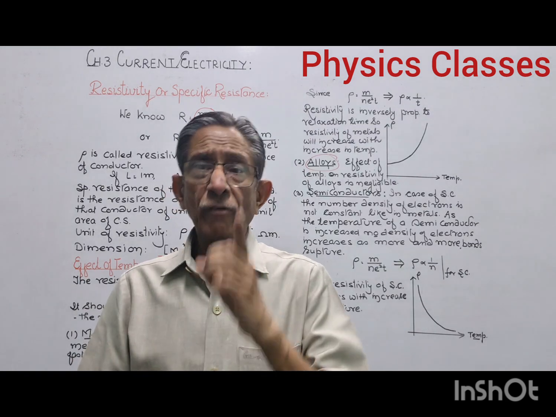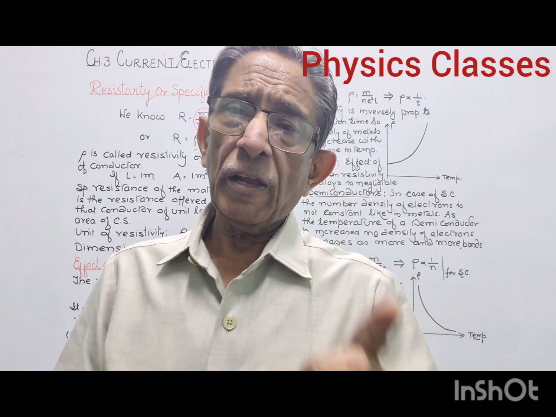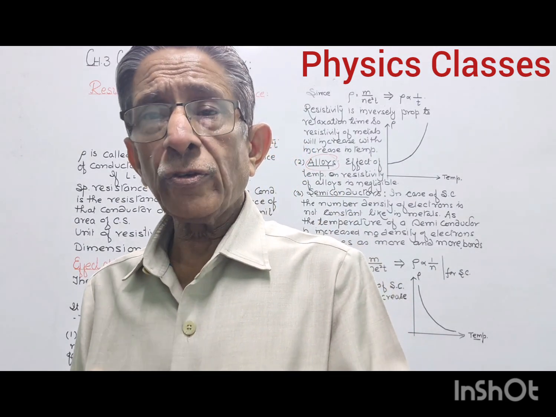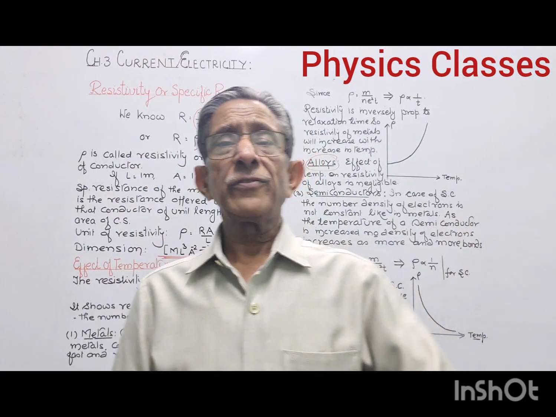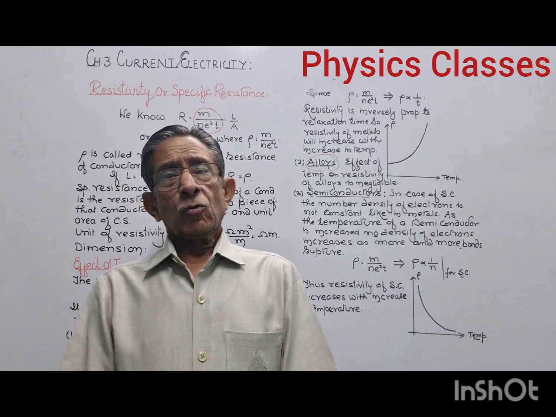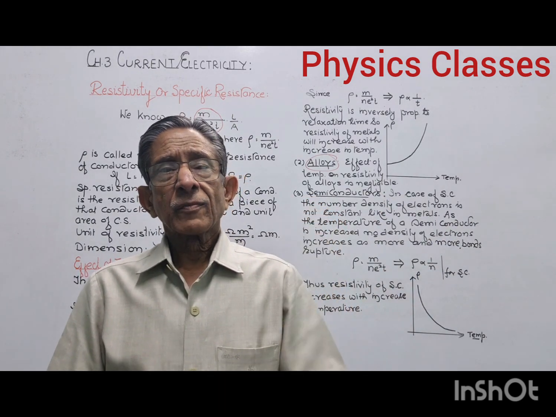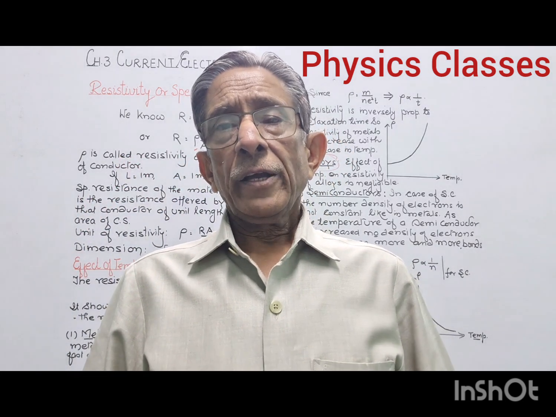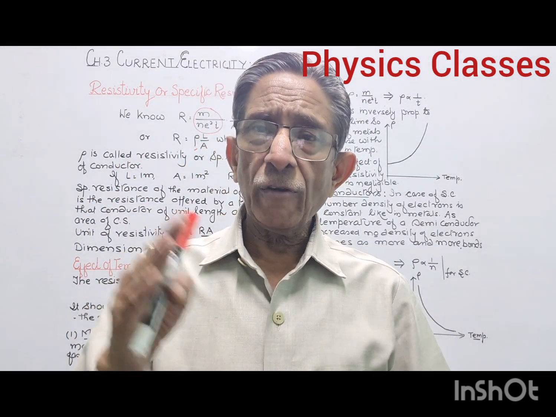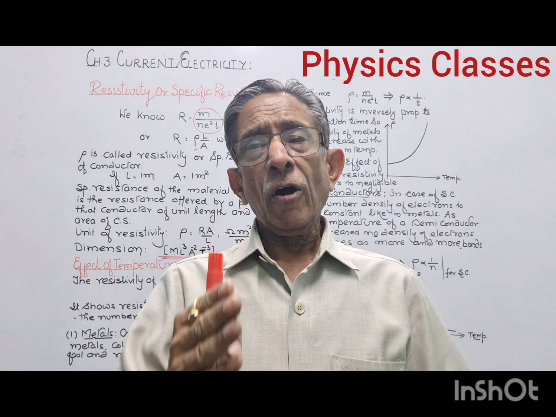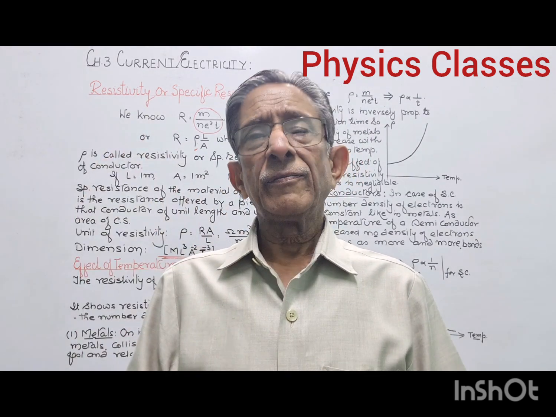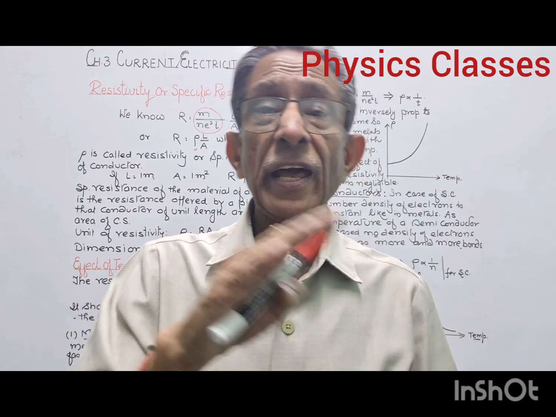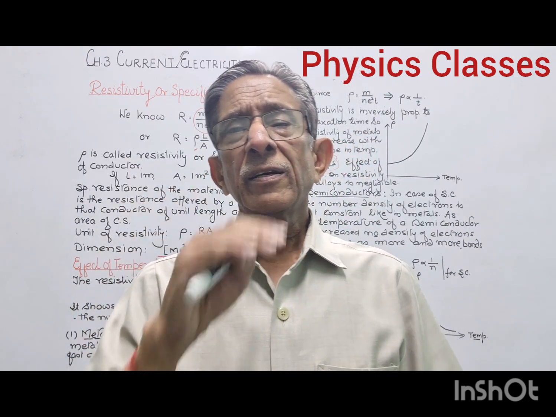That's why alloys are used to make standard resistances. A question may be asked: why are standard resistances made of alloy? Standard resistances are made of alloy because their resistivity is very high and there is negligible effect of temperature on their resistivity.